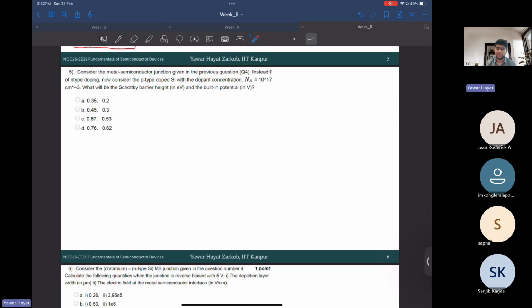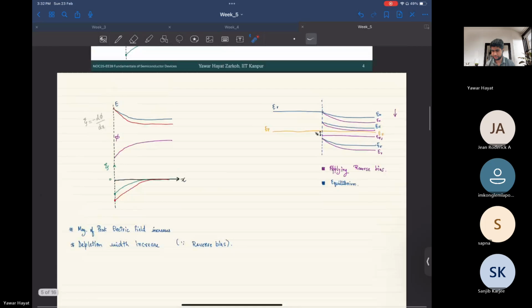So this is your metal semiconductor junction, and your semiconductor is P-type.